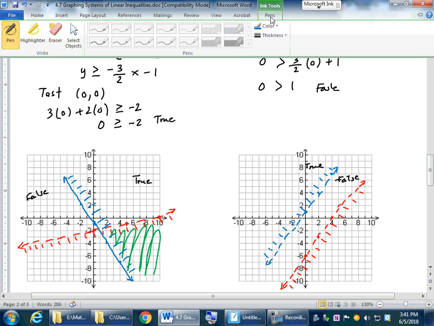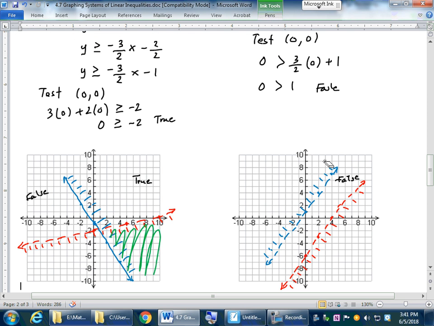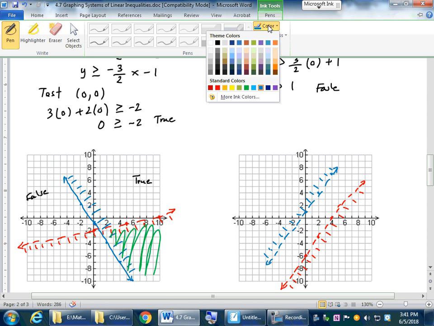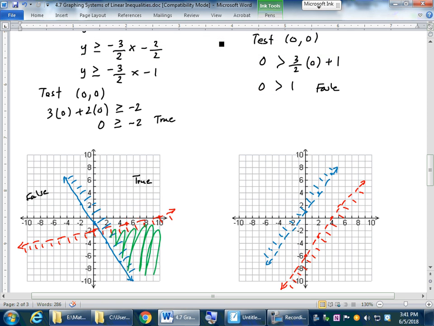From this graph, you can clearly see that there is no shaded region that is overlapping. So that basically means no solution for this system. Okay, no solution for this system.